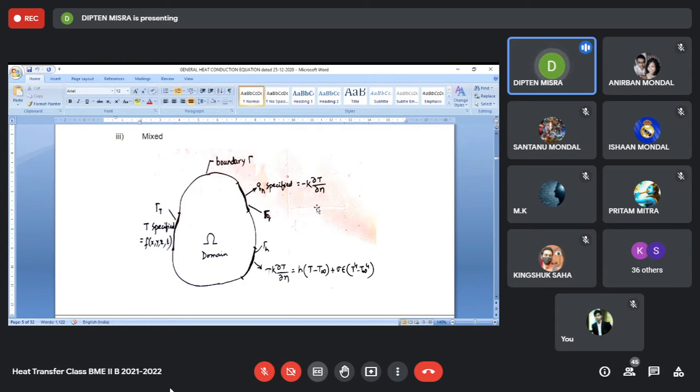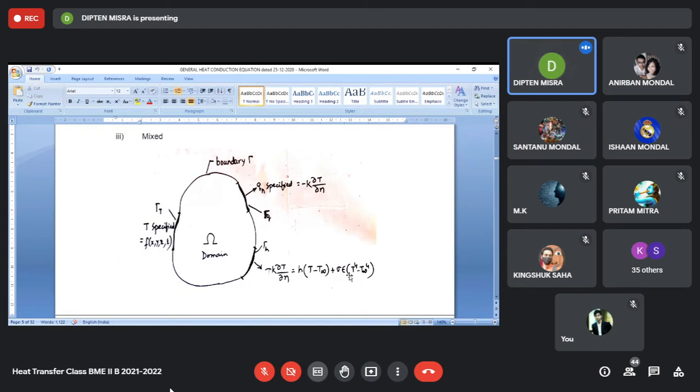Also, we do not know what is the temperature gradient on that part of the body. But what we know is that from this part of the body, the heat is being lost to the surrounding by maybe conduction or maybe radiation, and the heat transfer coefficient is known as h, and the surrounding free stream temperature is known as T ambient or T infinity or T free stream.